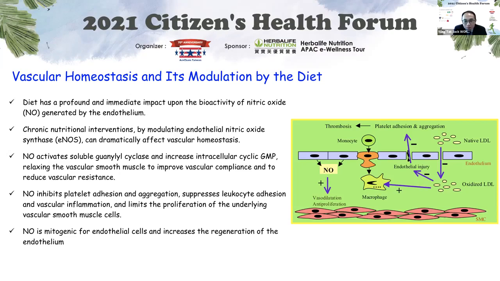NO activates soluble guanylate cyclase and increases intracellular cyclic GMP, relaxing the vascular smooth muscle cells to improve vascular compliance and to reduce vascular resistance. Moreover, NO inhibits platelet adhesion and aggregation, suppresses leukocyte adhesion and vascular inflammation, and limits the proliferation of the underlying vascular smooth muscle cells.